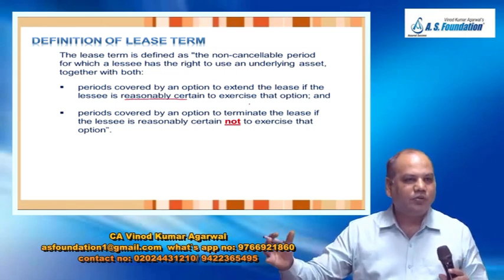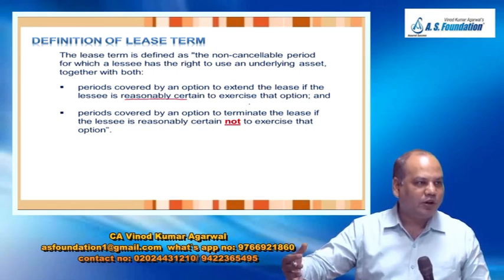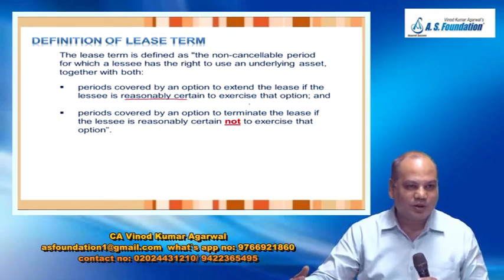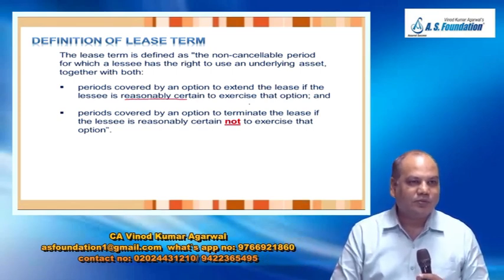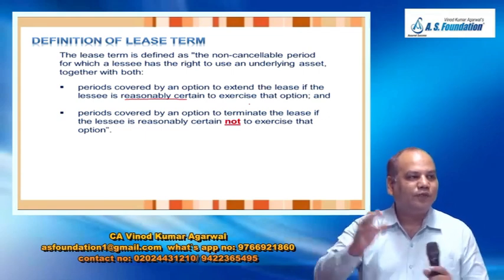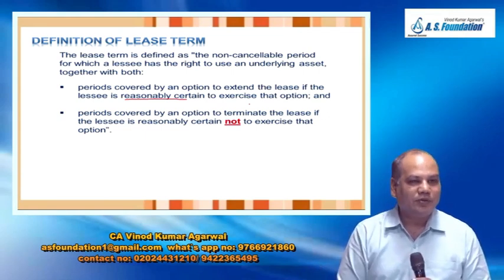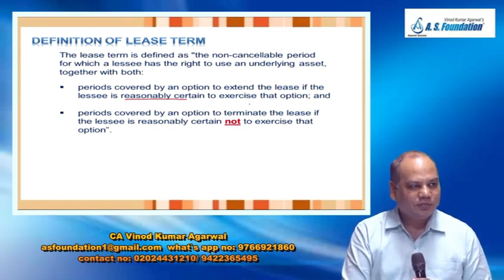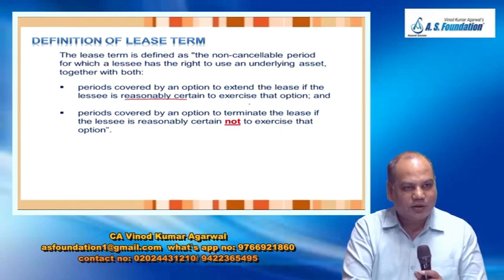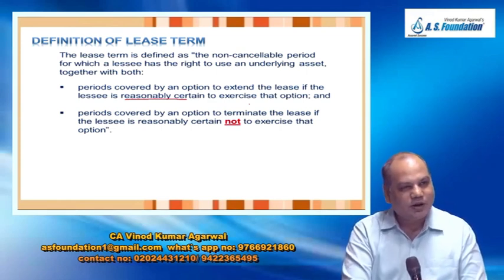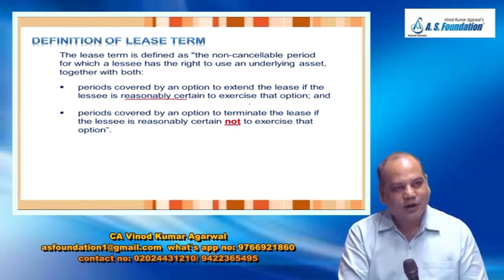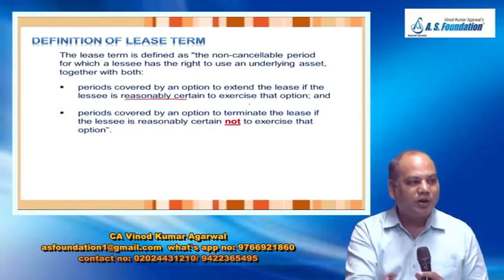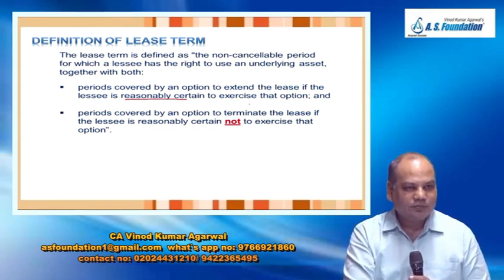Suppose it's your showroom and you have already established your business in a particular location for 5 years. Would you like to shift it to some other place after 5 years, or would you like to continue if the option is there? So maybe that location matters, and therefore it is reasonably certain that I would like to continue again after 5 years, even though it may be at a market rent.